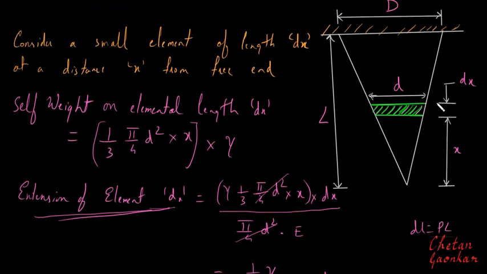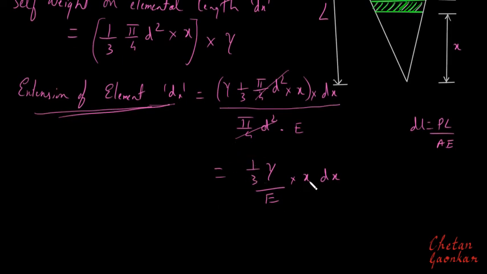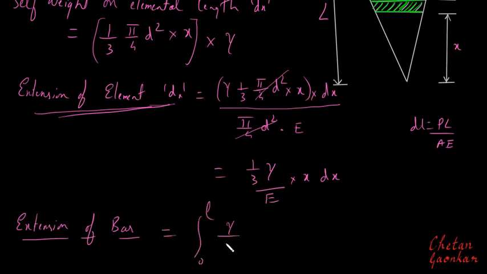And then if I want to find the extension in the entire bar, I will have to integrate it from 0 to L. So the extension of the bar will be the integral from 0 to L of gamma by 3E x dx. This will be equal to gamma by 3E times the integral from 0 to L of x dx.